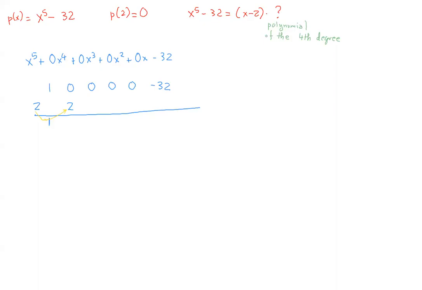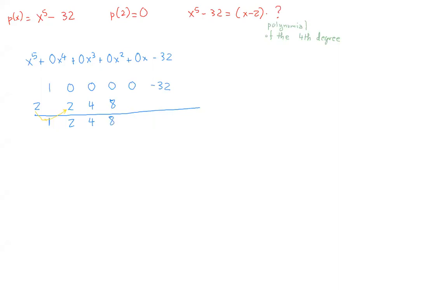And then we add 0 plus 2, and that gives us 2. And it's the same story. So 2 times 2 is 4, which we write right here. 0 plus 4 is going to be 4. And then 2 times 4 is 8, which we write here. 0 plus 8 is 8.